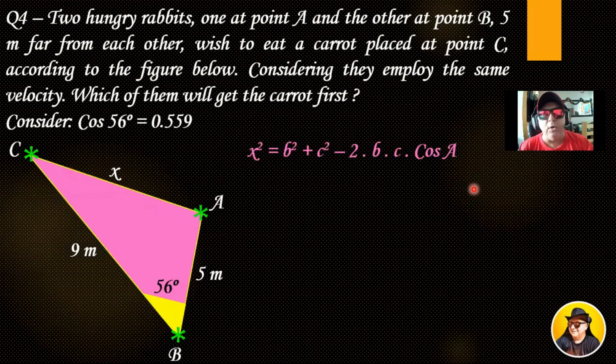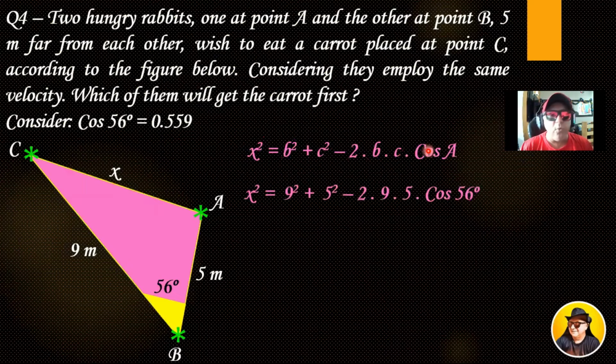Well, so applying the law of cosines, we have that a squared is b squared plus c squared minus 2 times b times c times the cosine of A. Now, replacing the values, I have that b is 9 and c is 5. So b squared is 9 squared, 5 squared is c squared. Well, 9 squared is 9 times 9, and 5 squared is 5 times 5.